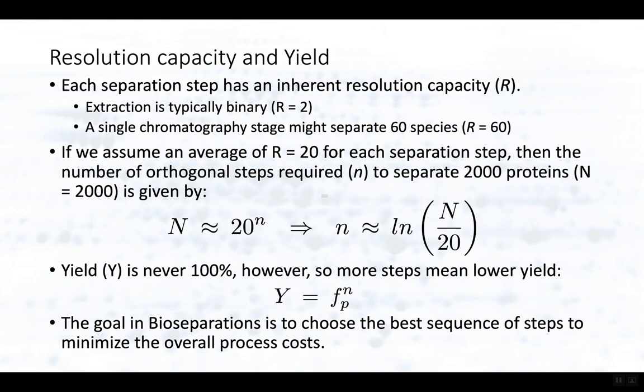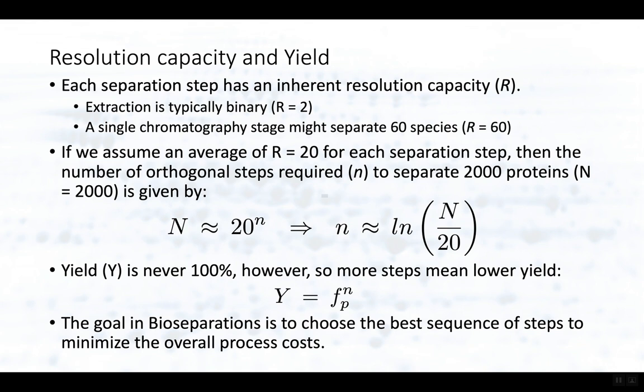So the more steps we string together to get to a purified product, the lower the yield of that product will be. And that depends on the fractional recovery, F sub P, for each step raised to the number of steps. Okay, so it's the product of the probabilities, or the product of the fractional recovery of every step.